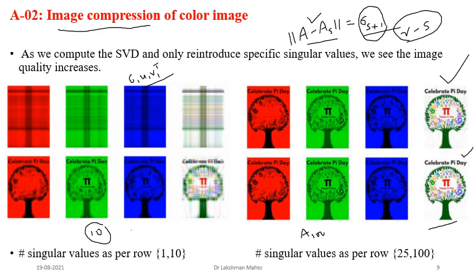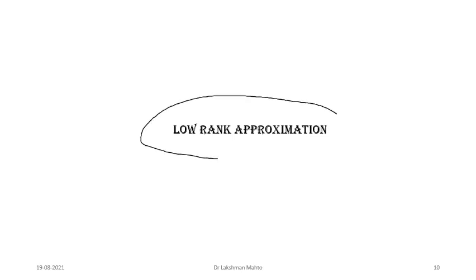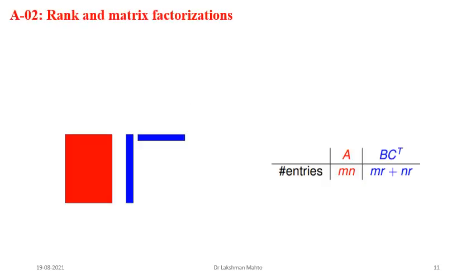Now I will talk about low rank matrix approximation, which is the ultimate application of singular value decomposition. Here I have defined what is meant by low rank and what rank is. You know that I don't have to recall rank again.